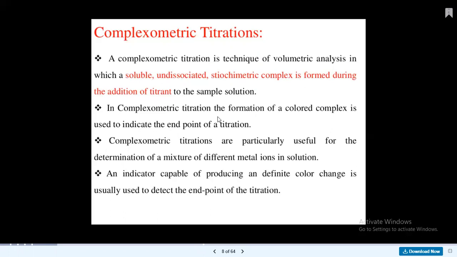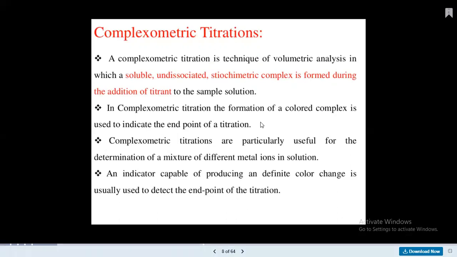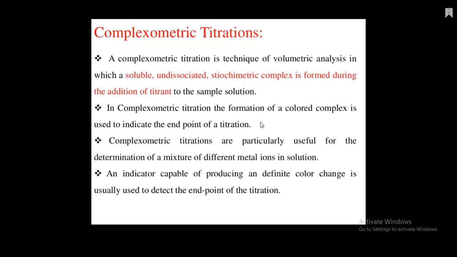Okay, in complexometric titration, the formation of a color complex is used to indicate the end point of titration. One thing I also want to clear is that when you read about complexometric titration, you observe that most of the metal ions we want to analyze or quantify belong to a group of metal ions that have vacant f or d orbitals, and mostly we call them transition elements.